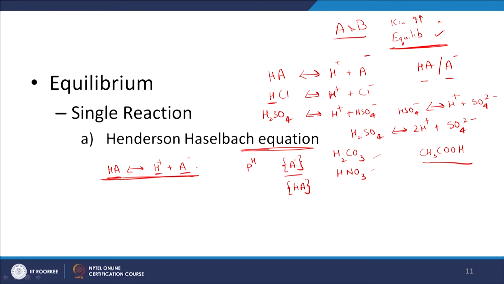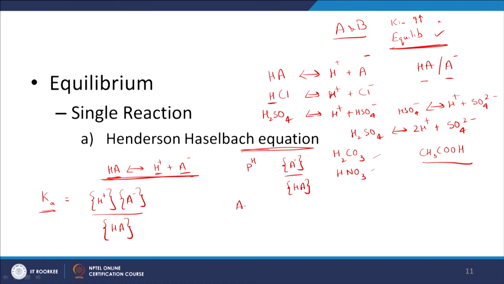From our equilibrium equation we know that the equilibrium constant is going to be the activity of H plus times the activity of A minus, divided by the activity of HA. Again, this is from our equilibrium equations. This is the equilibrium constant.